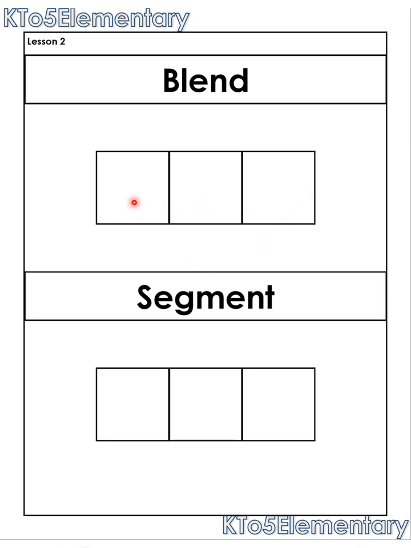Again, t, a. And that makes tap. Our next word is s, a. Again, that's s, a. And that makes sap.